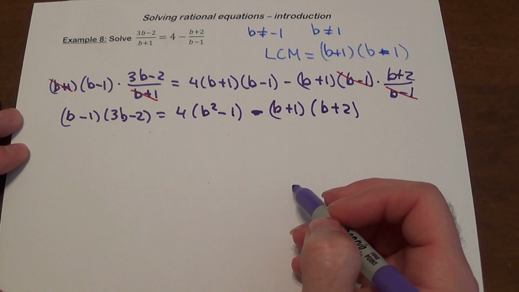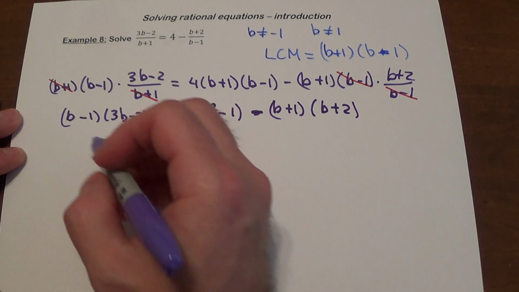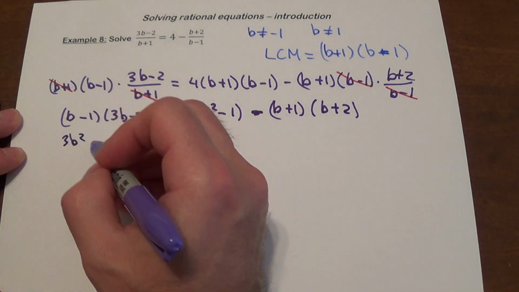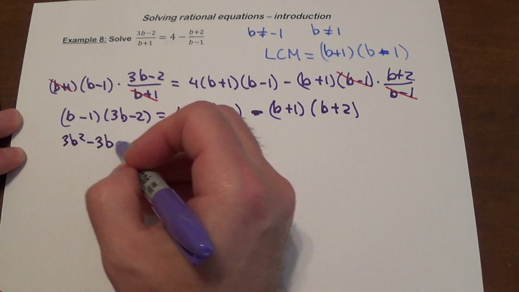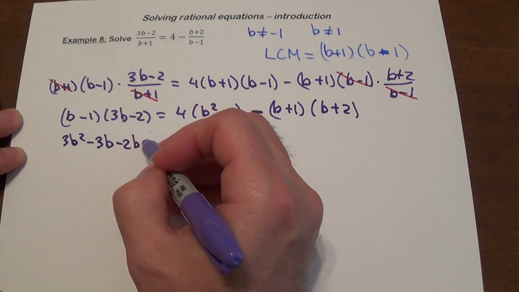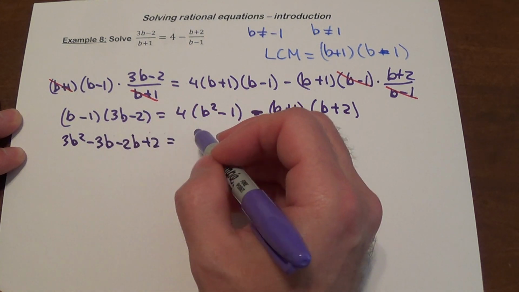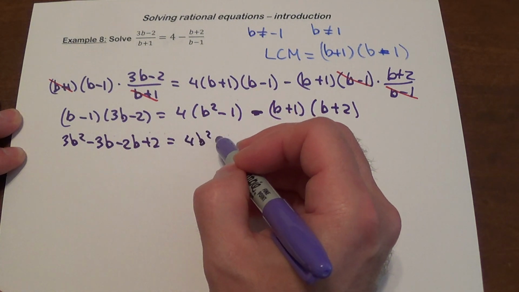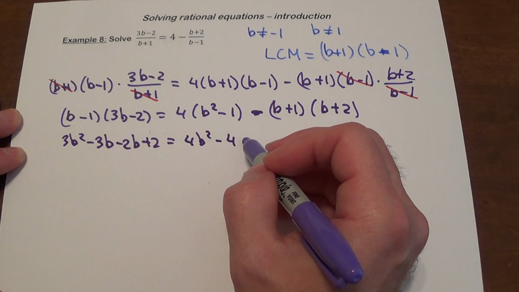So we're going to have to distribute this. So over here we're getting 3b squared minus 3b minus 2b plus 2. Here we're going to get 4b squared minus 4, and here we're going to do minus.